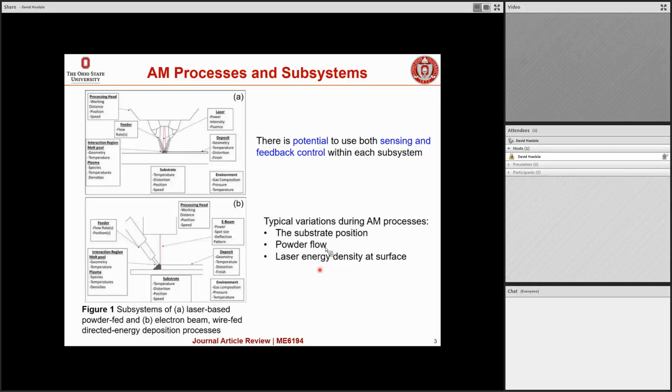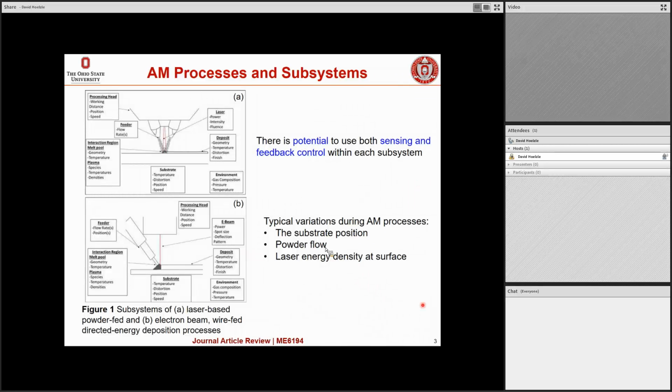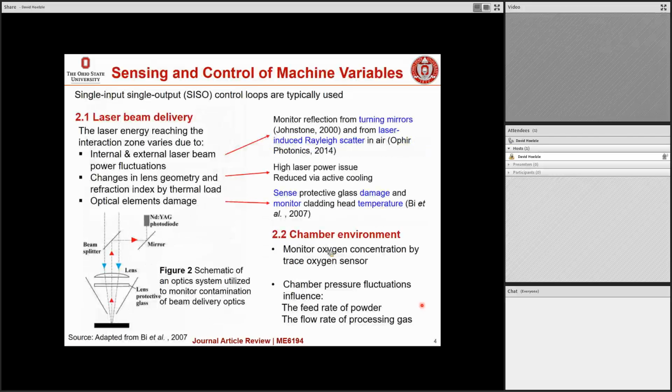And the laser energy density at the surface can change by misalignment of the laser beam or contamination of the powder or the substrate. So from these variations, we need to investigate the sensing and control for the machine variables. Typically, they use single input and single output loops.